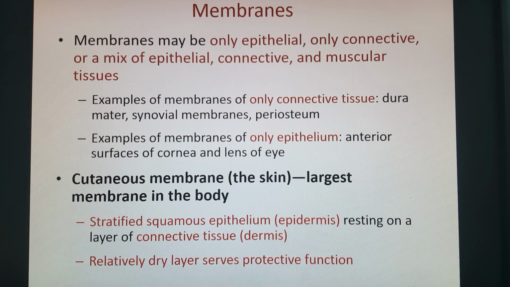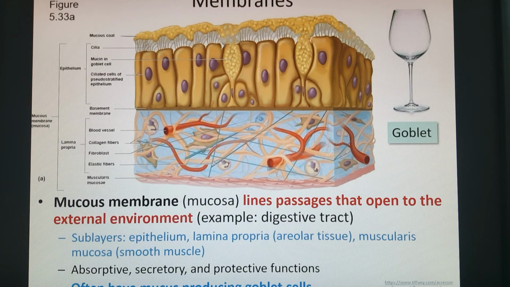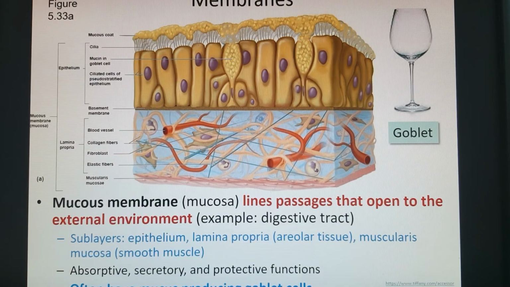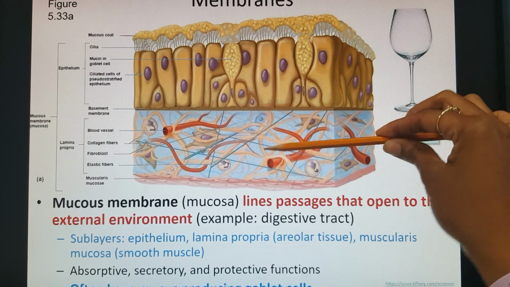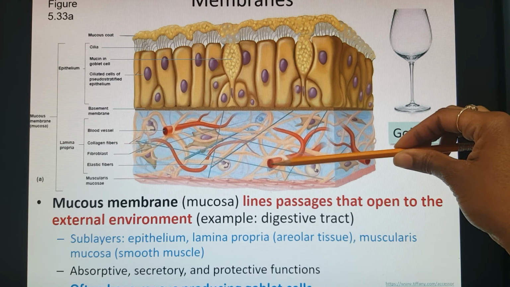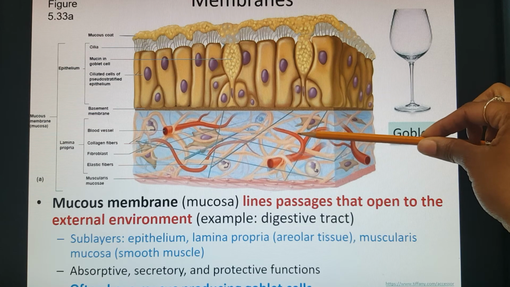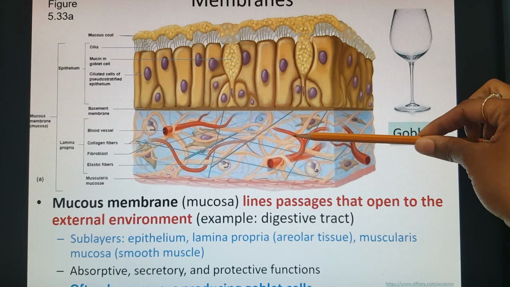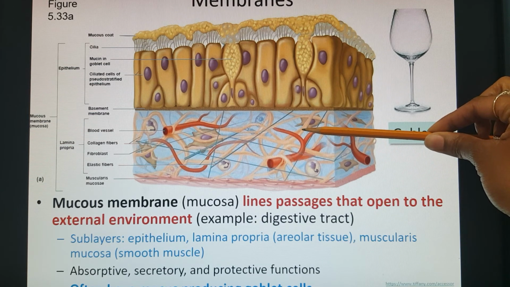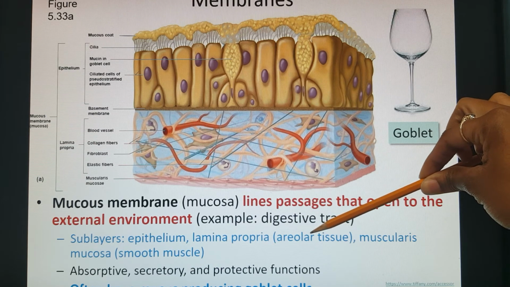Okay, next section is membranes. There are some tissues that are made of multiple membranes. I'm only going to focus on mucous because that's the one that is on your study guide. Here we have a mucous membrane. A membrane is going to have multiple tissue types. Here at the bottom we have a muscle layer, and then we have a connective tissue layer, particularly your loose connective areolar tissue.